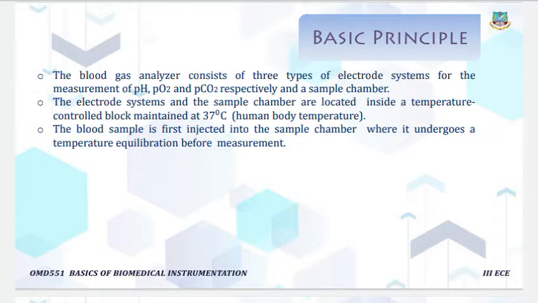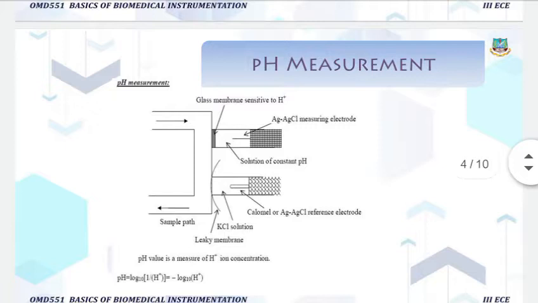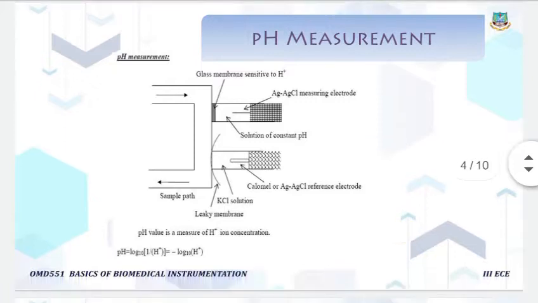Next we see the pH measurement. This figure shows the pH measurement. In this pH measurement we are using two electrodes: this one is the measuring electrode, and the next one is the reference electrode.